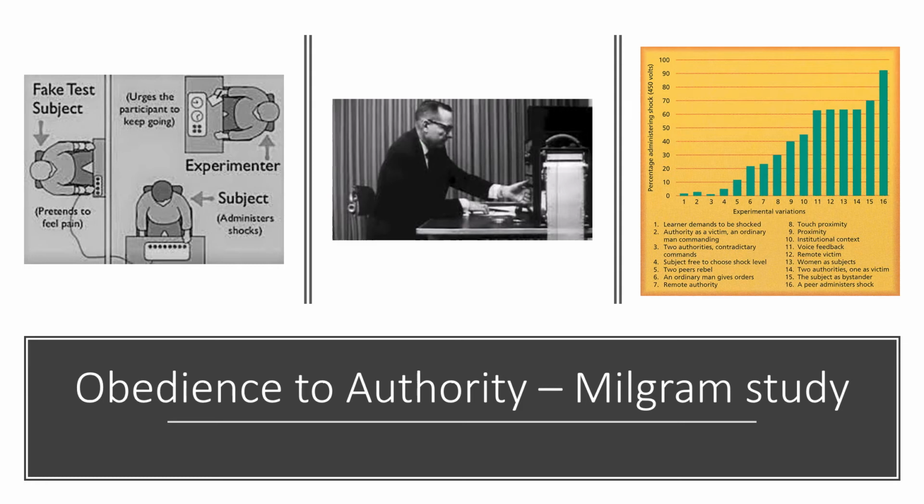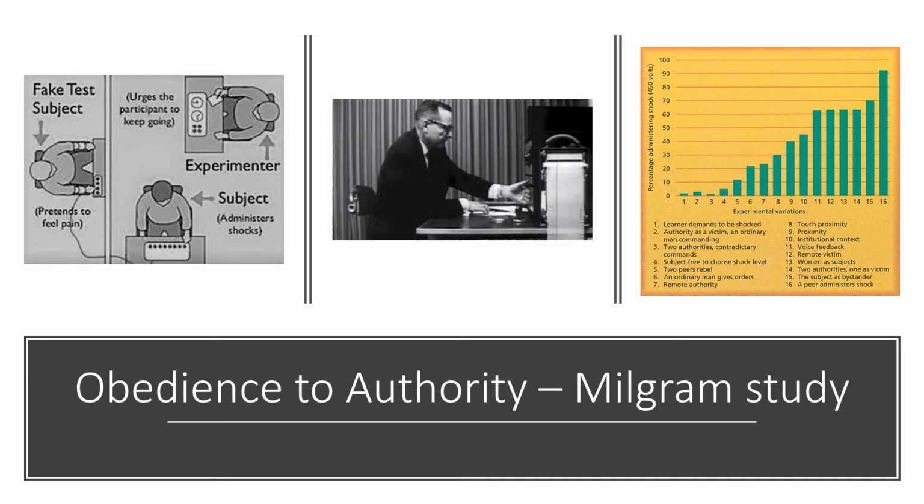That's the task. But actually, no one's attached to the machine. It's just the subject. And you can see that there's an experimenter in their room who's going to urge the participants to keep going. And the middle picture is actually of a participant who's administering the shocks. And what they hear is, on the other side, the person starts screaming, "Ow, this really hurts, ow, I can't take it, please stop, ow, ow, the pain's terrible, please stop."